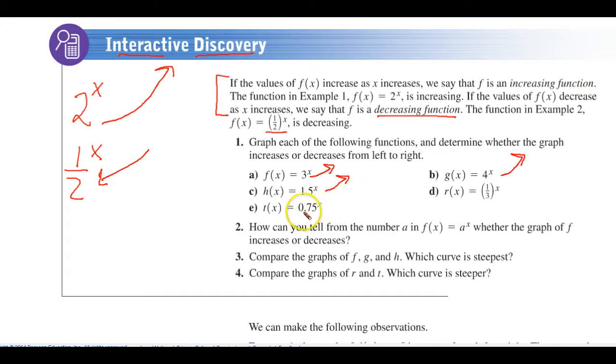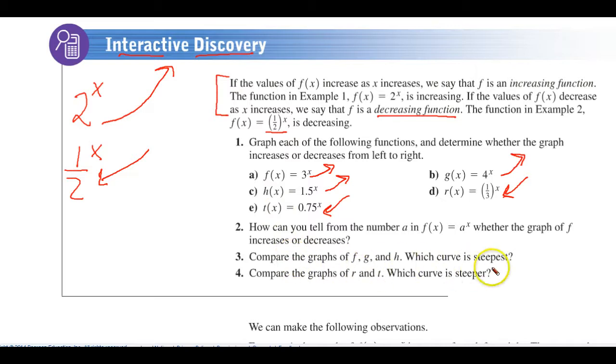But this one, because it's a fraction, would be decreasing. And this fraction also decreasing. So how can you tell? Well, if a is a whole number greater than 1, it's going to increase. If it's less than 1, it's going to decrease.